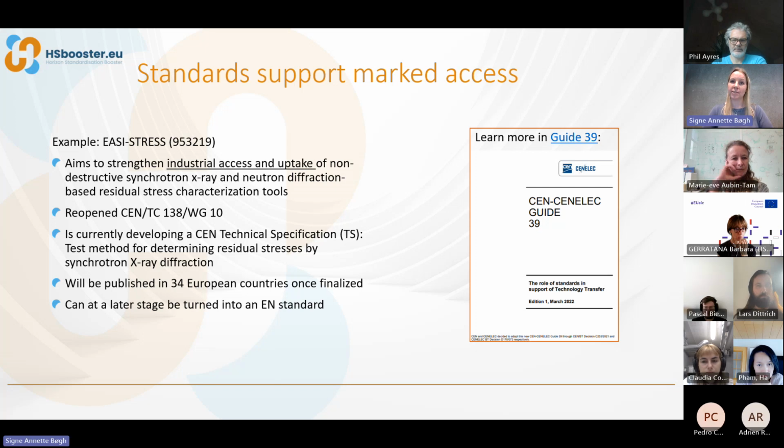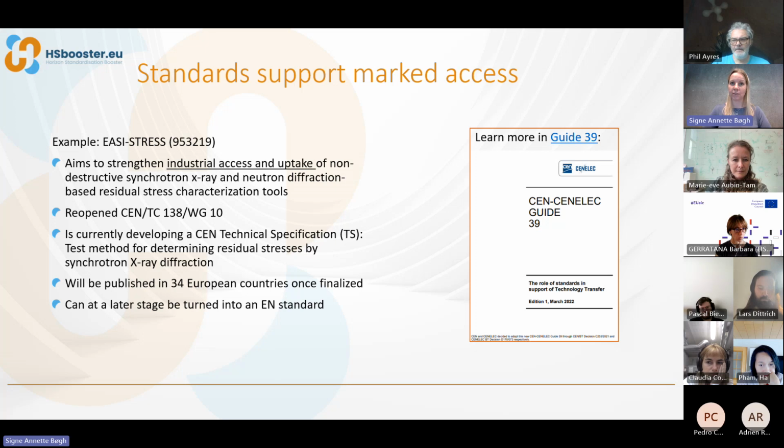The issue was that this technology was very well known at universities, but nobody basically outside the universities knew about this methodology. So what we are doing in this project, and this is something that's going on right now, is we're taking this method for non-destructive testing of metal, and we're actually turning it into a standard.